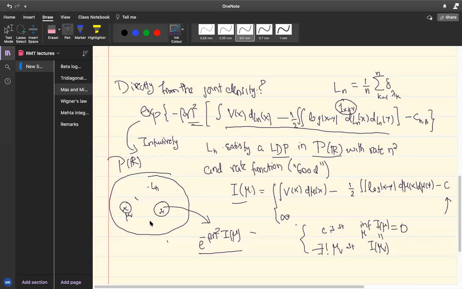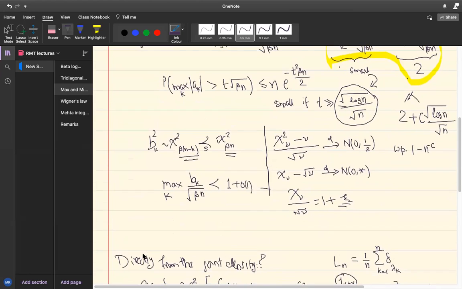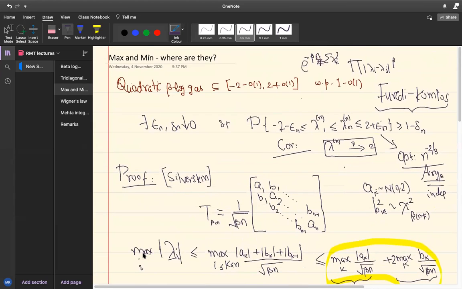So what does this have to do with this mu sub V? If you ask where the particles are, the support of mu V is what tells you where the particles are. And the support of mu sub V will be minus 2 to 2 in this quadratic case.